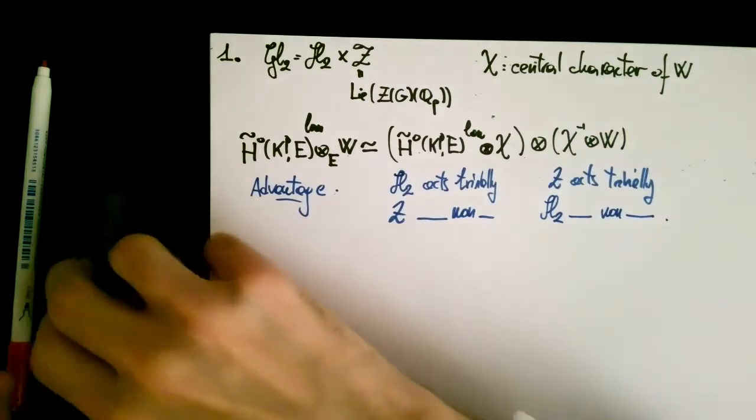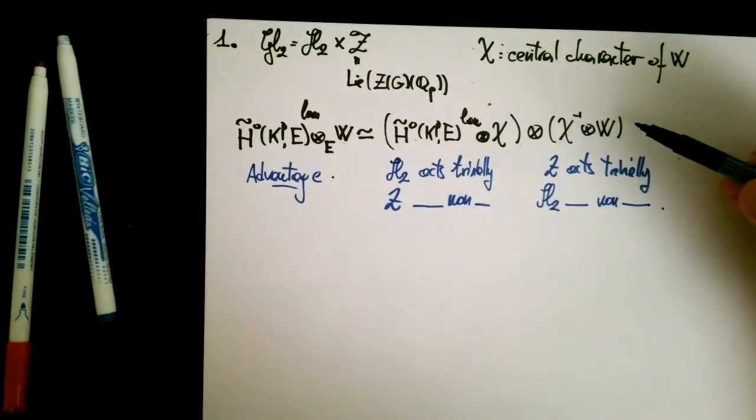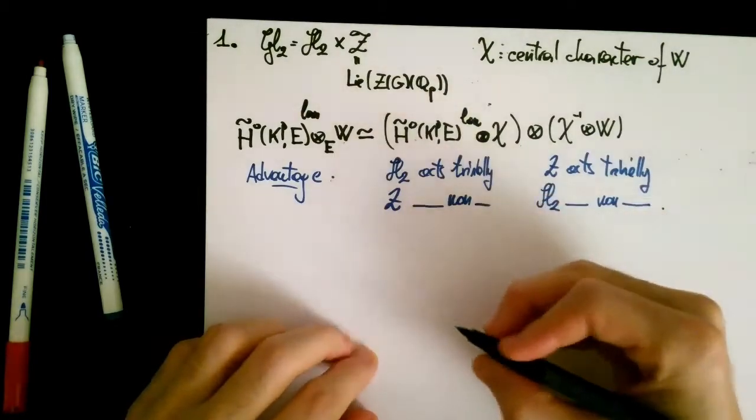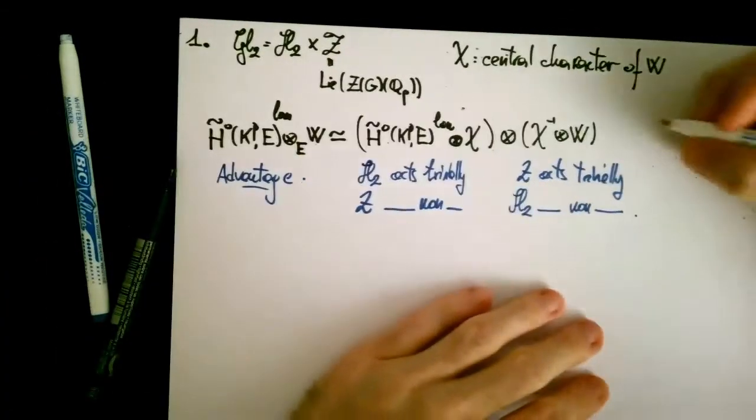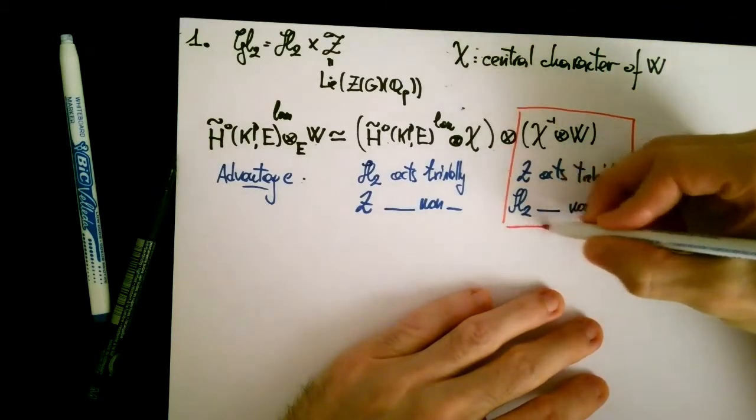So what is the key point now? The key point is that we can easily deal with these by classical lemmas, namely the Whitehead lemma. So I will write here in red. Let's take care first of this object.